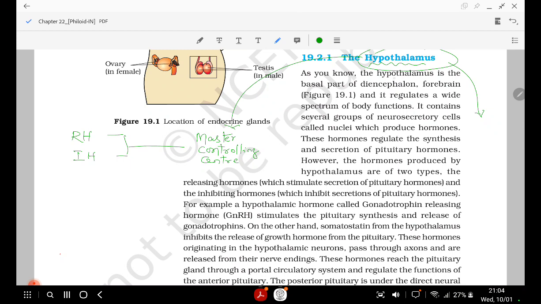The hypothalamus is the basal part of the diencephalon. Generally, diencephalon is a part of forebrain and it regulates a wide spectrum of body functions.